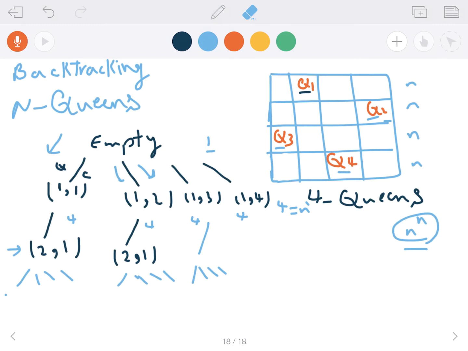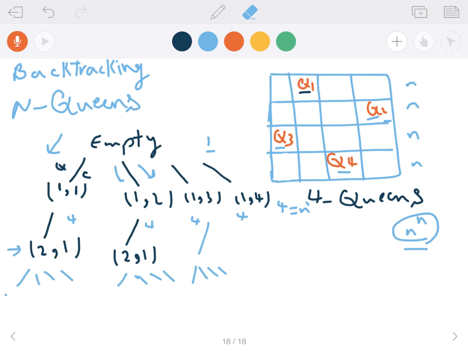As we said, the number of nodes was 1 plus n squared plus n cubed until n to the power n. But the thing is that when you're putting a queen in one row, you cannot put another queen in the same column. It means that in your tree you can remove some nodes that you know are not going to give you a solution.